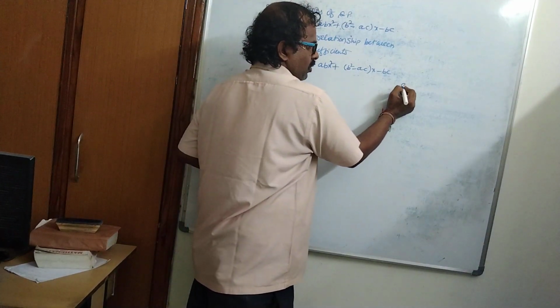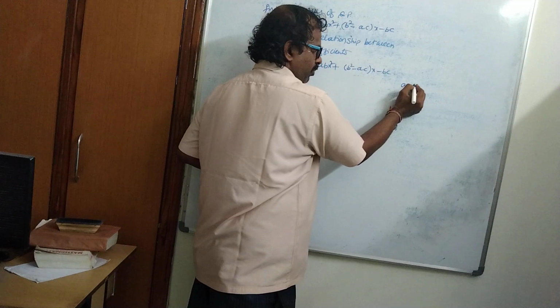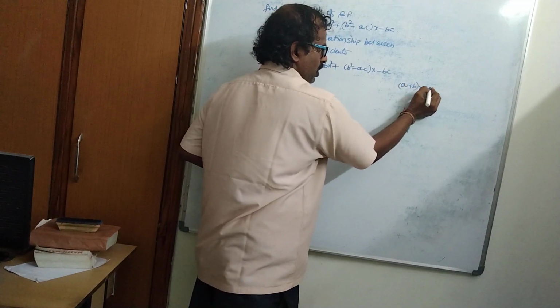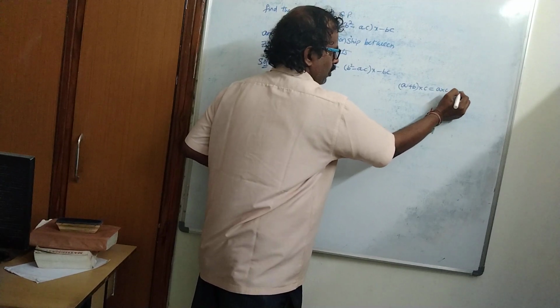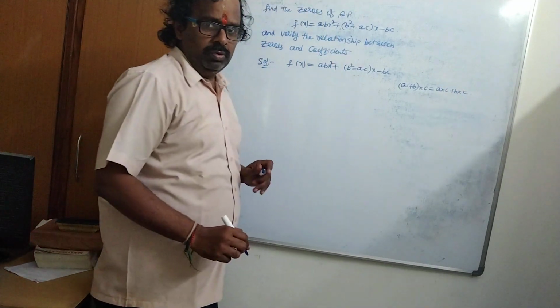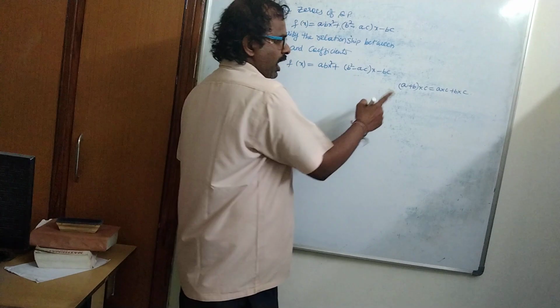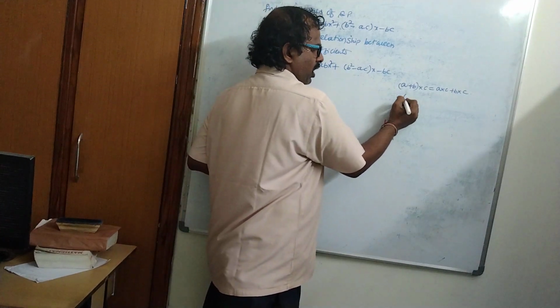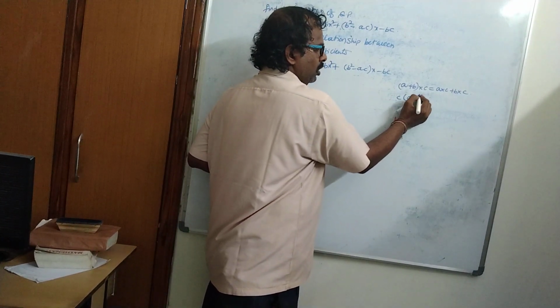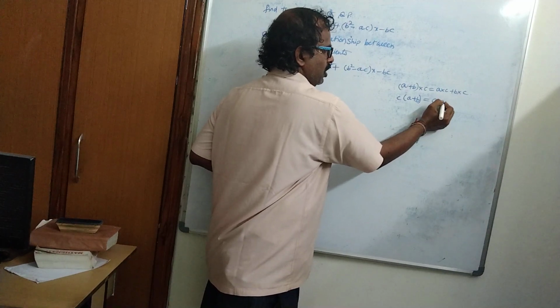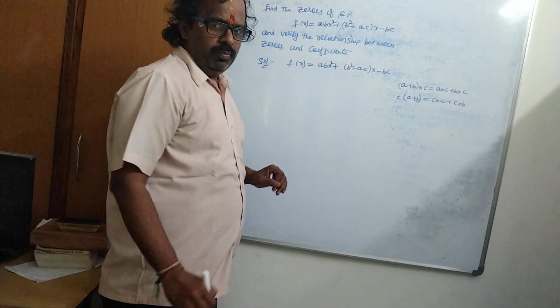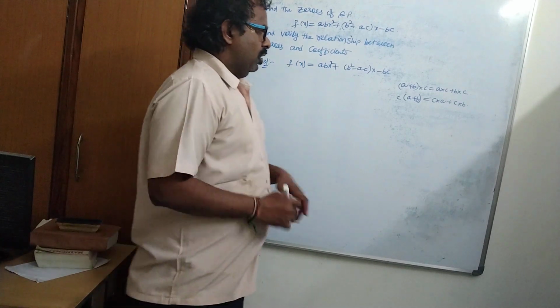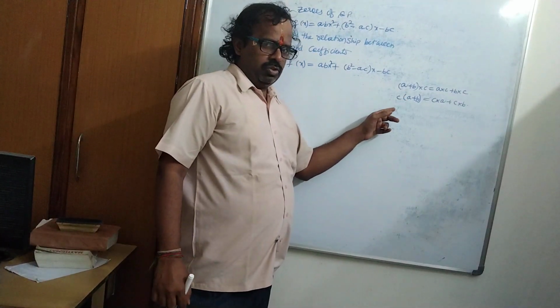We have the distributive property: a plus b into c is equal to a into c plus b into c. And one more property, in the same way, c into a plus b is c into a plus c into b. Now there is no difference between these two.